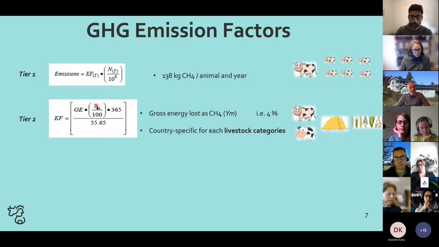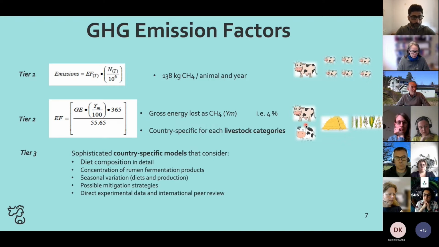So, for instance, this would be 4%. By knowing that, we can apply this percentage to different kinds of diets or different livestock categories within different types of farms in each country. So we can better characterize those systems, in this case for methane emissions.